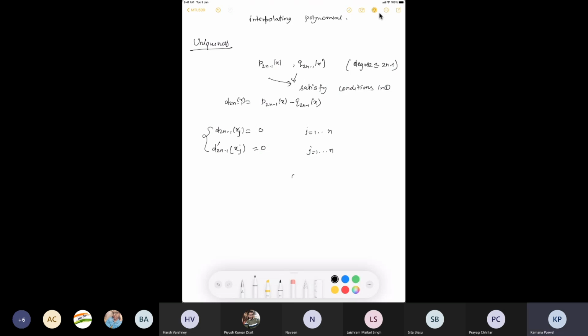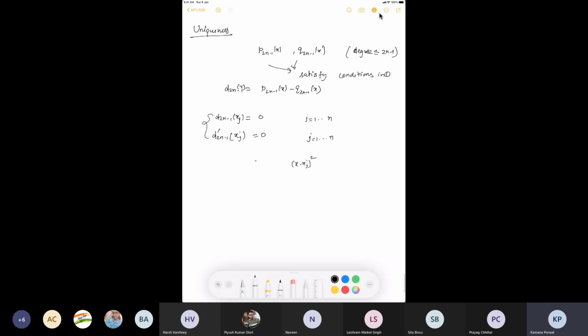This means that you will have (x minus xj) squared as a factor for each j, which means that you will have (x minus x1) squared, (x minus x2) squared, up to (x minus xn) squared as a factor of d2n minus 1. So d2n minus 1 of x will be some other polynomial, let's call it h(x), times this, right? But d2n minus 1 is a polynomial of degree less than or equal to 2n minus 1, and it is going to have at least 2n zeros.